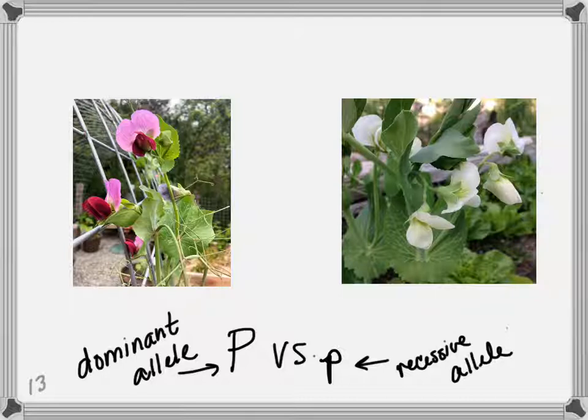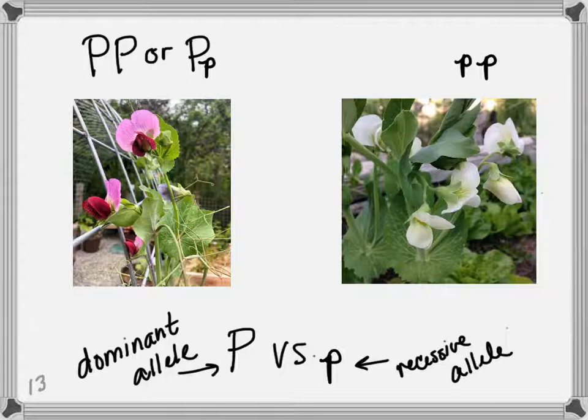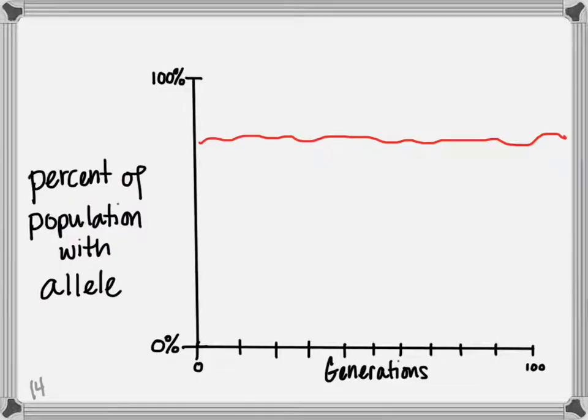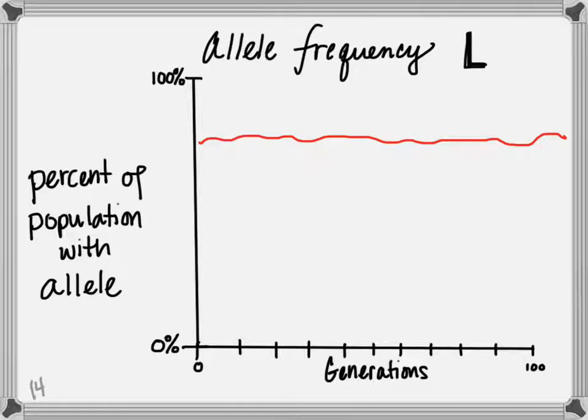In pea plants, purple flowers are dominant to white flowers. In humans, the ability to digest dairy products as an adult is dominant to not being able to, or being lactose intolerant. When working with traits like this, we graph the percentage of the population that carries a version of the gene in question, called allele frequency.